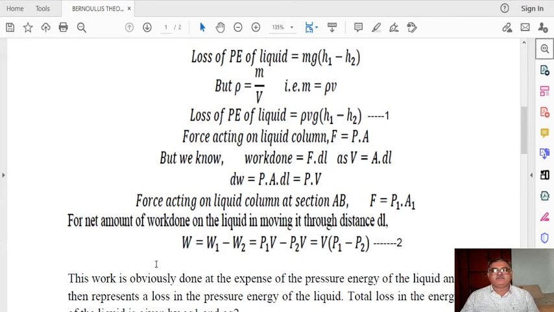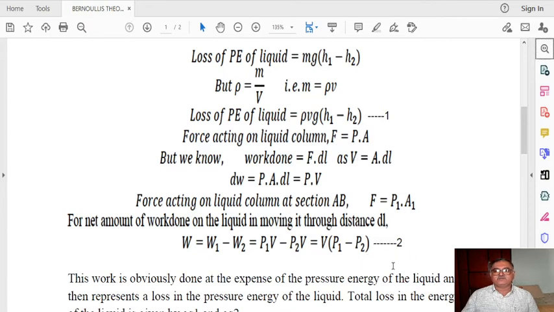Therefore we have to calculate the net amount of work done on the liquid in moving it through a distance dl. Therefore, W equals W1 minus W2, where W1 is P1 V. By subtracting P2 V from P1 V, we take V common and get V times (P1 minus P2).